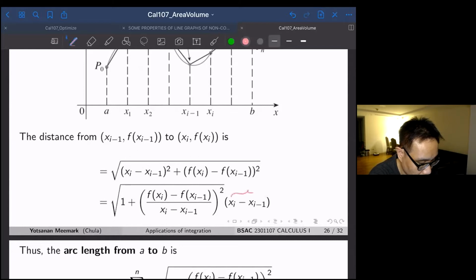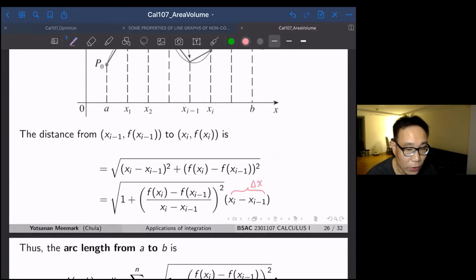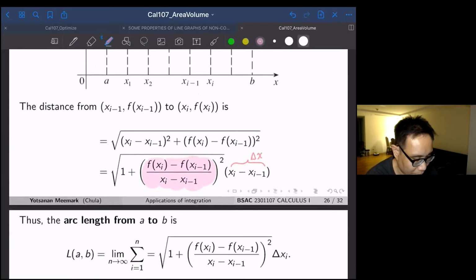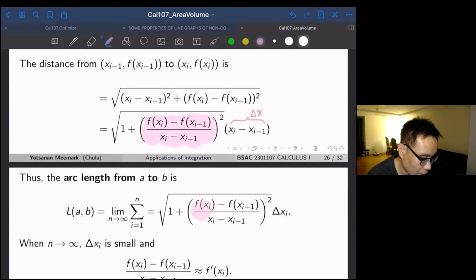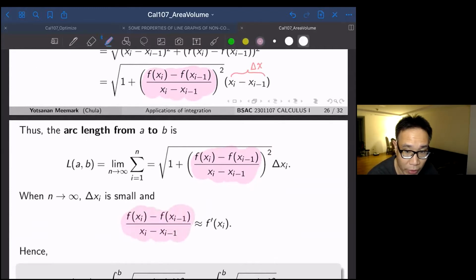So you see this term is delta x. We have seen this before: f of xi minus f of xi minus 1 over xi minus xi minus 1 looks like a slope. So the pink term is about f prime of x when delta xi is small.